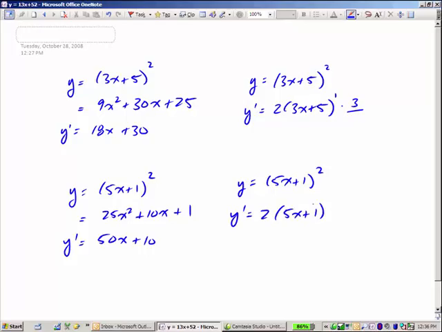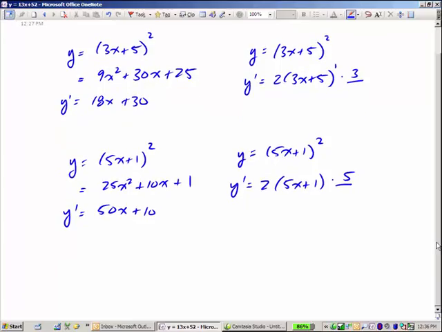Do you understand, he's using the power rule? Well, Johnny Shortcut gets 10x plus 2, and that's not quite 50x plus 10, but if he multiplied by 5. There are some of you calling out, which makes me think, do some people see the pattern? Maybe. We should do a few more.